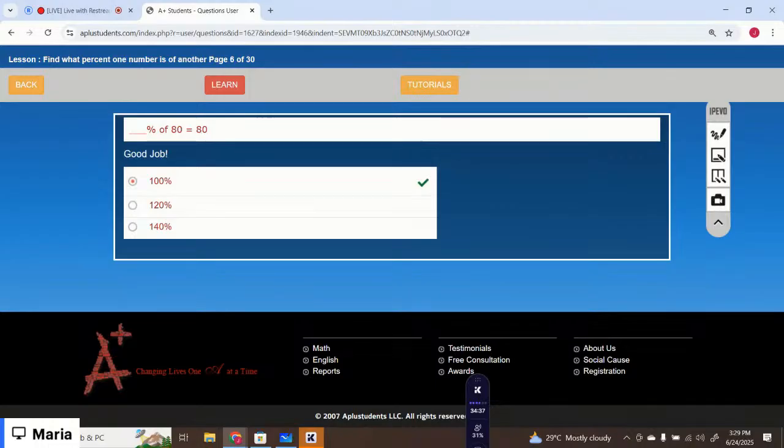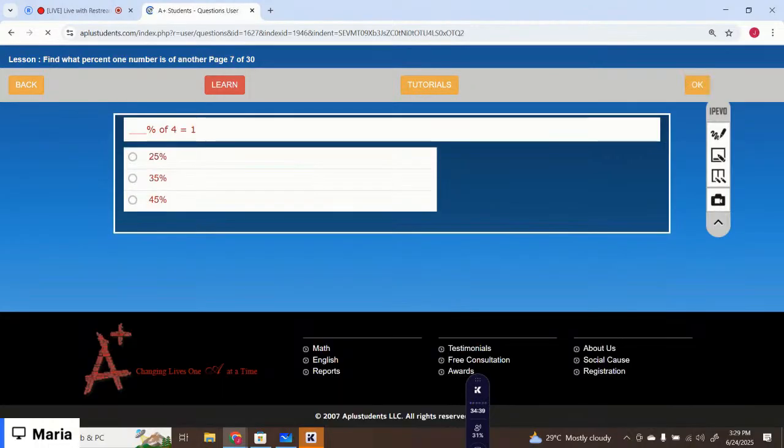Option number one is the correct option. What percent of 4 equals 1?